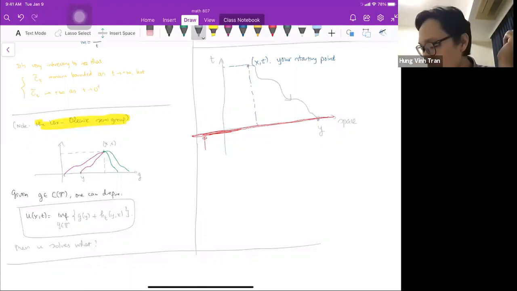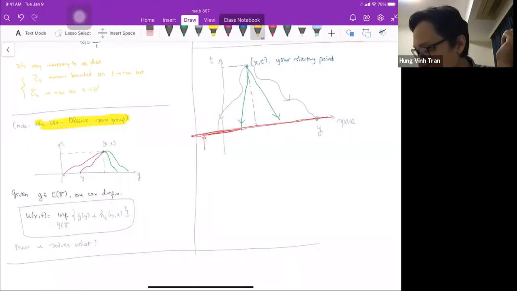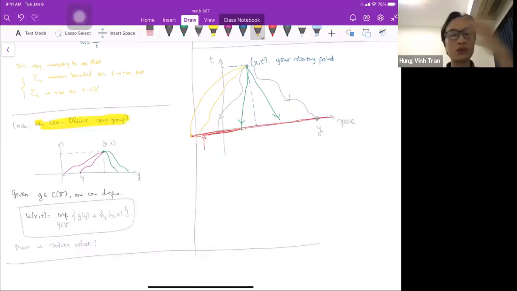Or there are other ways, like going back like that, going straight back, or going really far out and back. So there are many ways to go back to time zero.